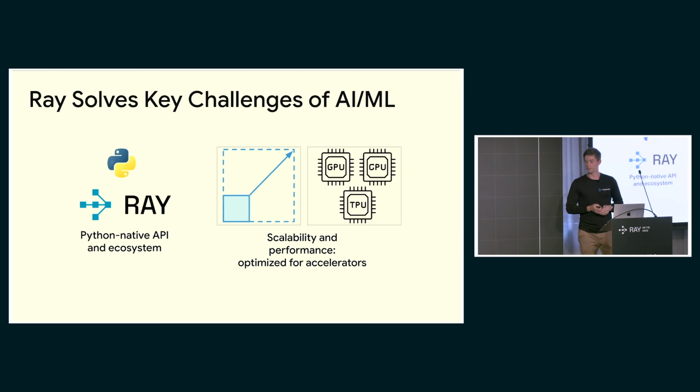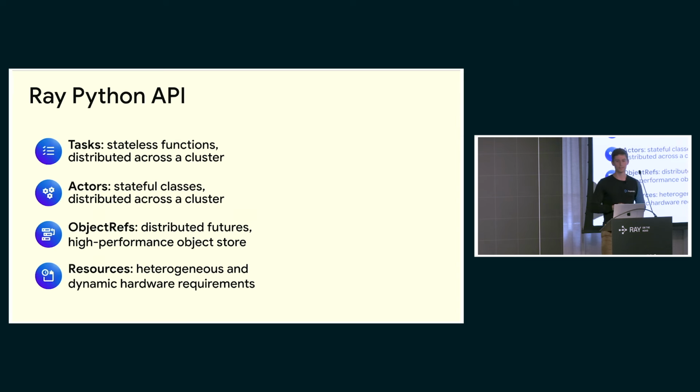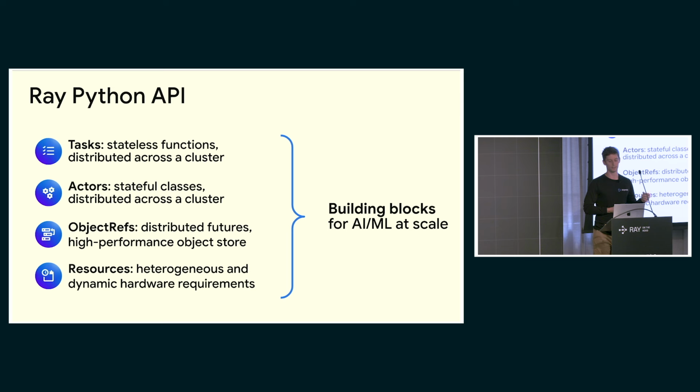So let's talk in a little more detail about why Ray is well suited to these types of workloads. The first is that, as I mentioned, it provides a narrow waist Python API and gives building blocks that can be used to build AI and ML applications at scale.